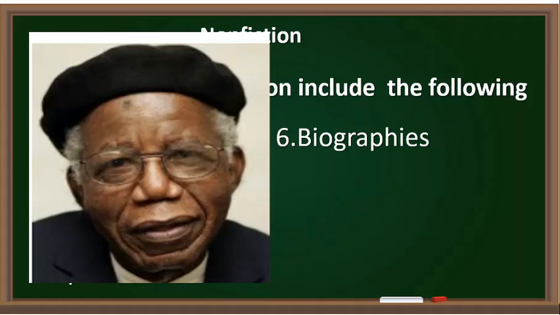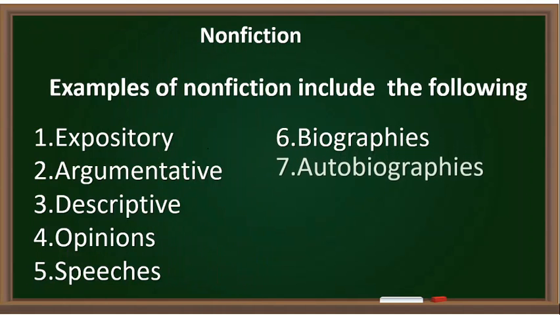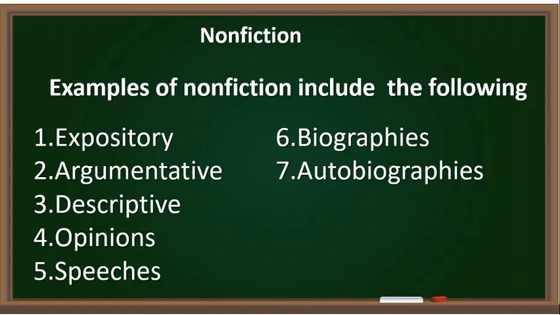The direct opposite of biography is called autobiography. Autobiographies are written by a person and the content is about such persons themselves. For example, I write about myself. However, there's a difference between autobiography and biography. Biography has a climax.